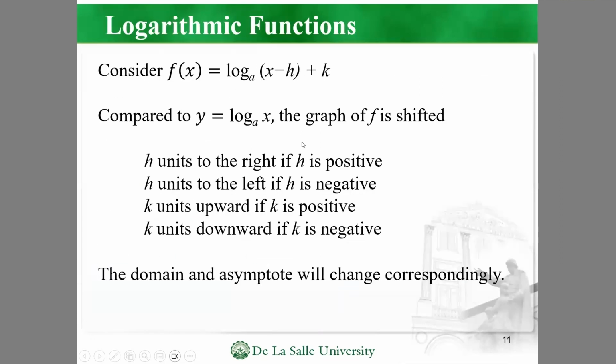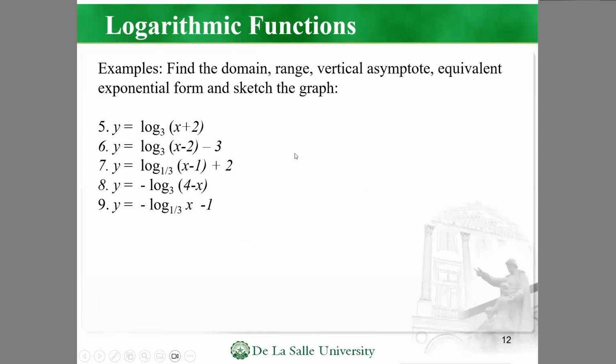So let's try to give if there is shifting. What I will do here is I will change the form. 3 to the y is x plus 2. Therefore, x is 3 to the y minus 2.